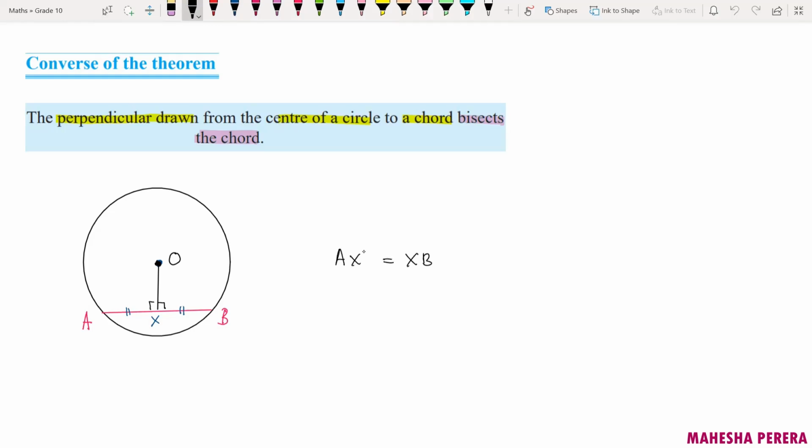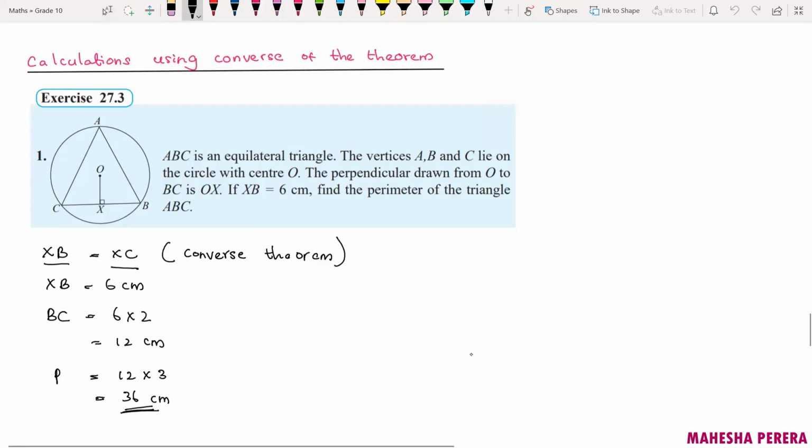Now using this theorem, let's do a simple calculation. I took this question from your textbook exercise 23.27.3, first question. According to this question, ABC is an equilateral triangle. If it is an equilateral triangle, that means all three sides are equal. This is our triangle ABC.